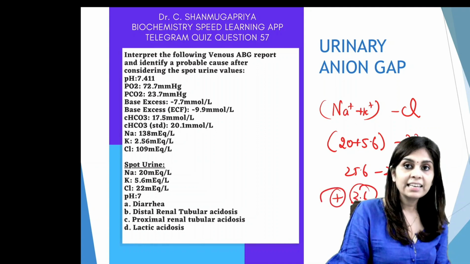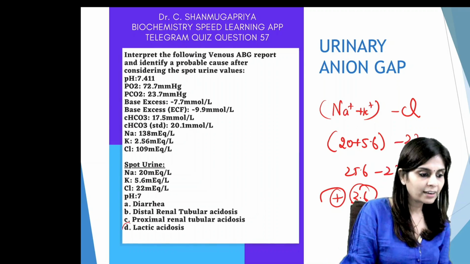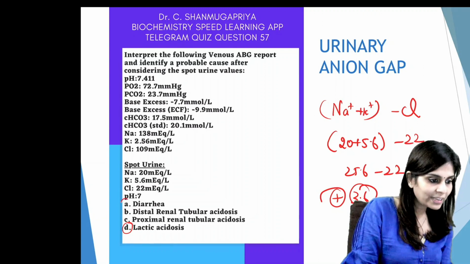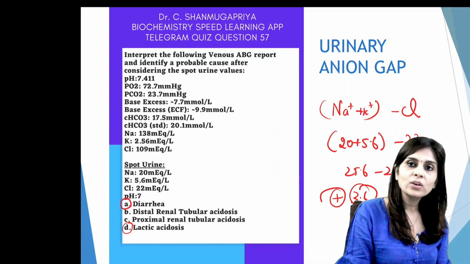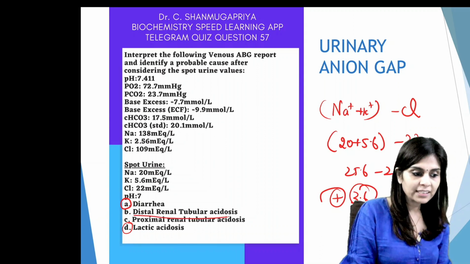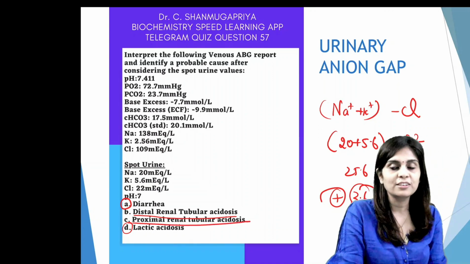Only when it is negative, it is gut cause. Here it is positive. So what have I excluded? I already excluded lactic acidosis because it's normal anion gap. Now I have excluded diarrhea because urinary anion gap happens to be positive. So what am I left with? B and C. Now how will I differentiate distal renal tubular acidosis and proximal renal tubular acidosis?